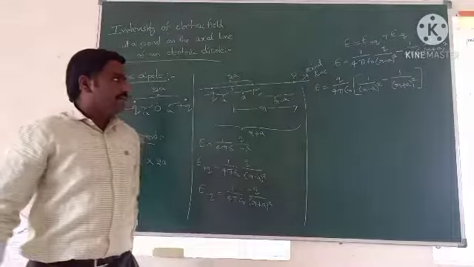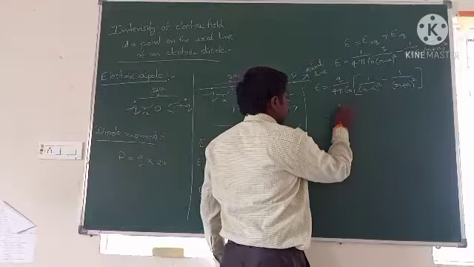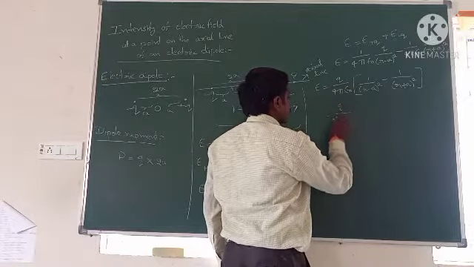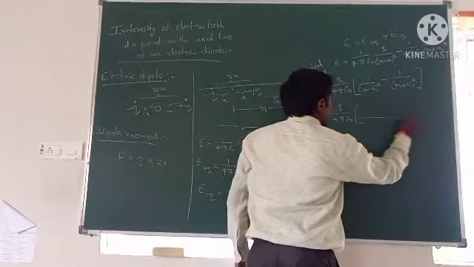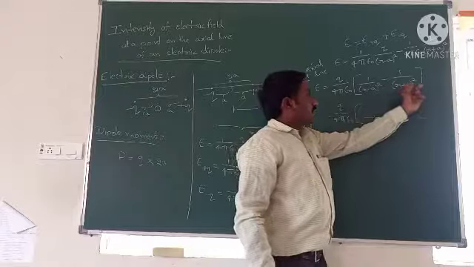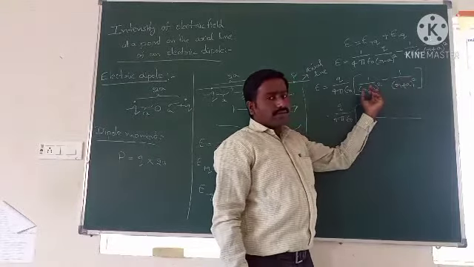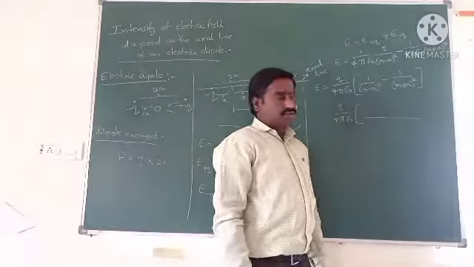Now we have to take the LCM of this part. So this equation becomes q by 4 pi epsilon naught. Here (r minus a) whole square, (r plus a) whole square. So this is in the form of (a plus b) whole square into (a minus b) whole square.